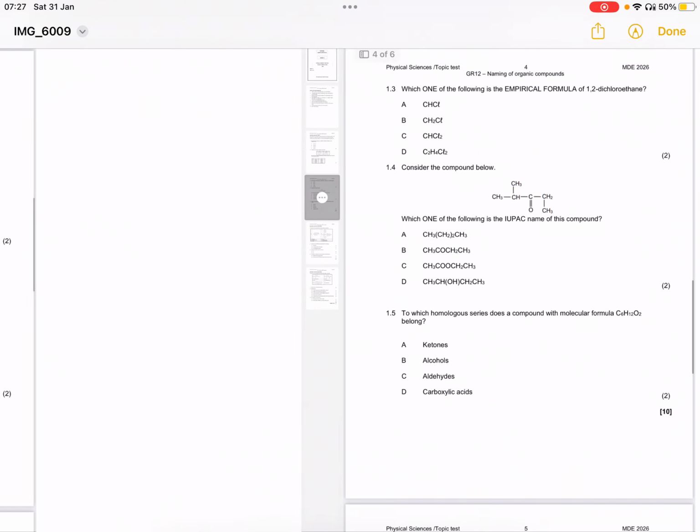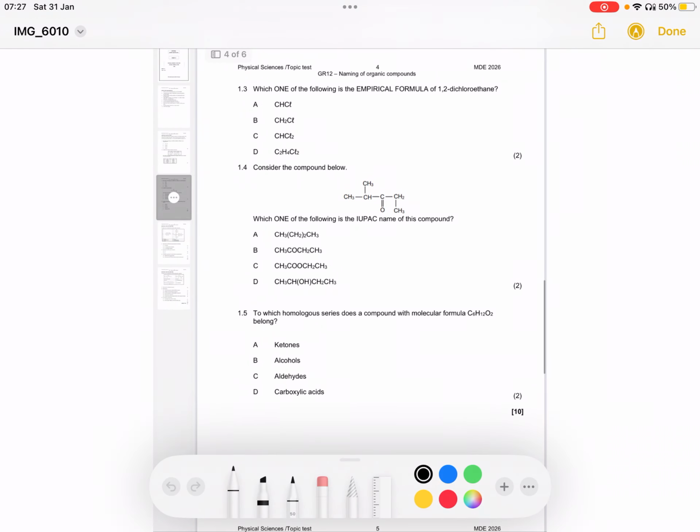And 1.3, which one of the following is the empirical formula of 1,2-dichloroethane? Now, what is 1,2-dichloroethane? Well, 1,2-dichloroethane is C2H4Cl2.